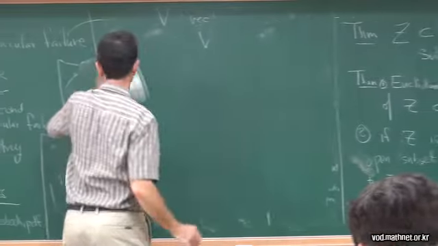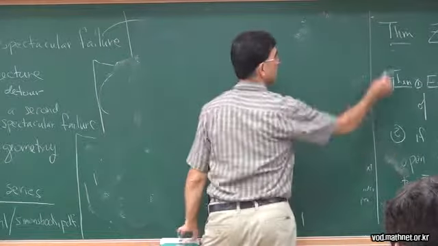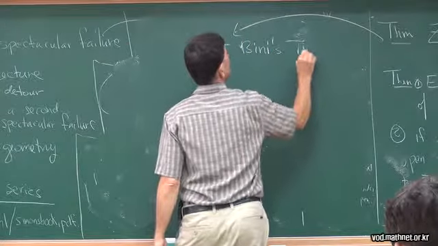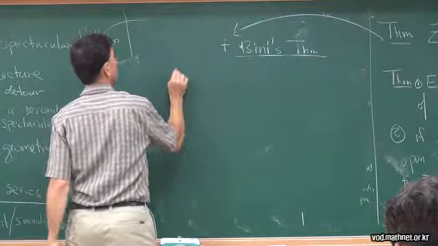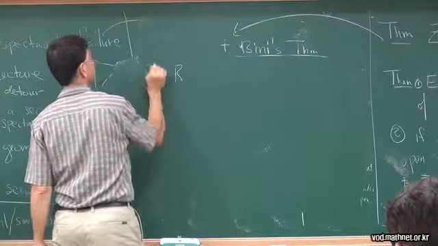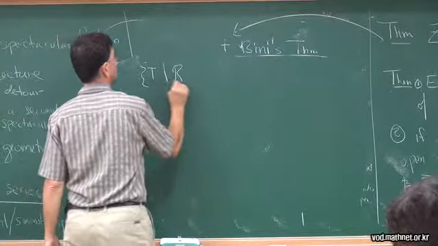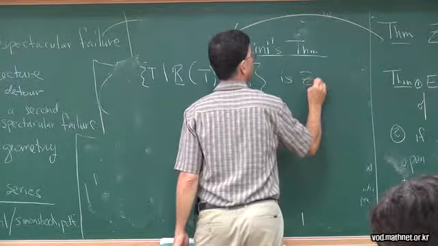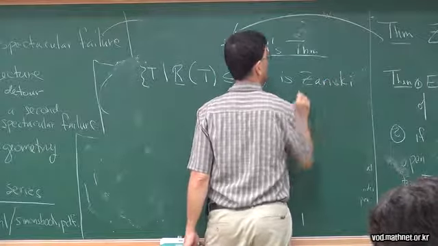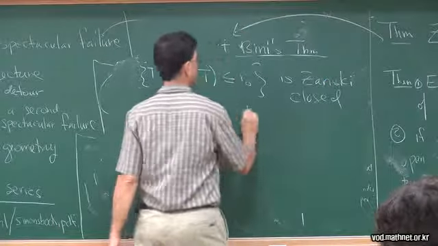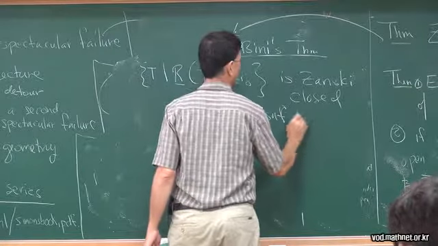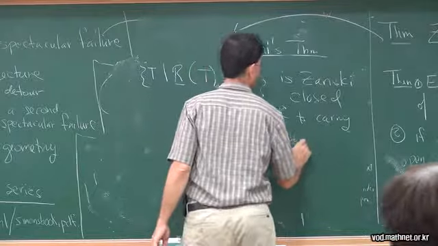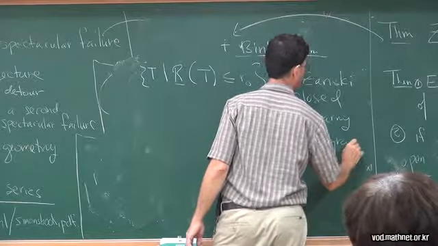Thanks to this theorem plus Bini's theorem, first of all, the set of T such that the border rank of T is less than or equal to R0 is Zariski closed, and it's sufficient to carry out the program with this set.